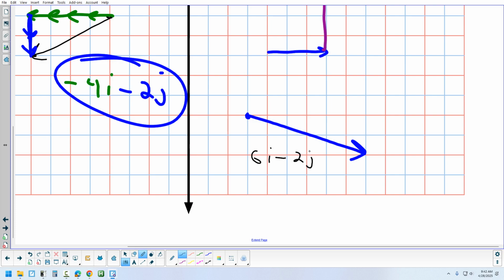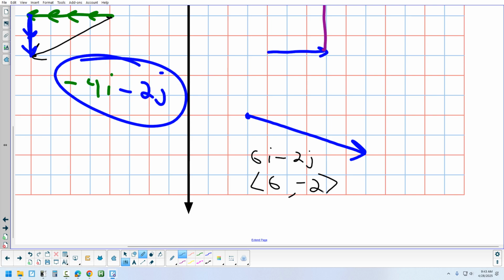Yeah. 6i and minus 2j. Yep. And how would you write that vector if you wanted it in that notation instead? Yep. 6, negative 2. Both notations are correct, just a matter of which one they want you to use. Okay. Any questions on that?